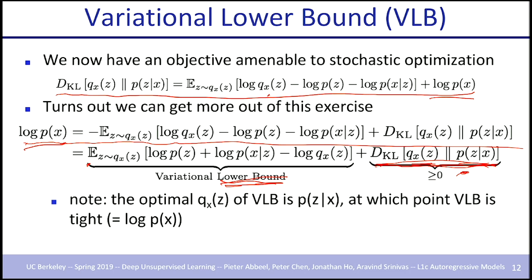We know the marginal is exactly equal to the lower bound plus the KL divergence. So the KL divergence is exactly the gap, and it measures how bad your approximate posterior is.